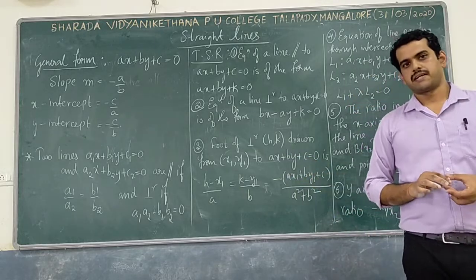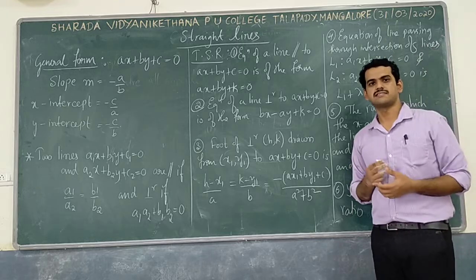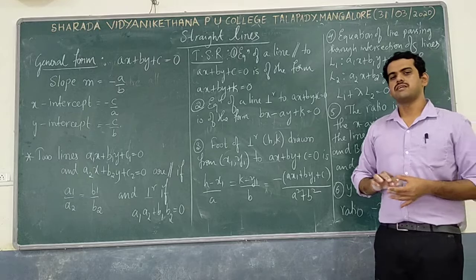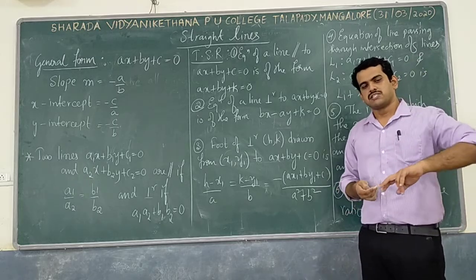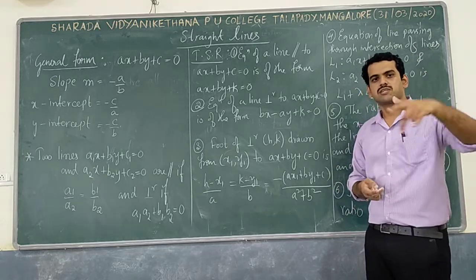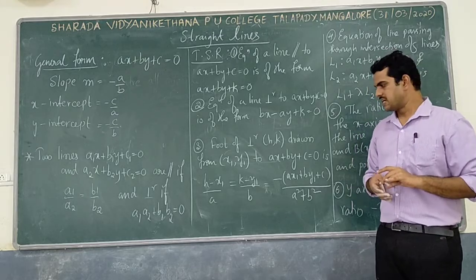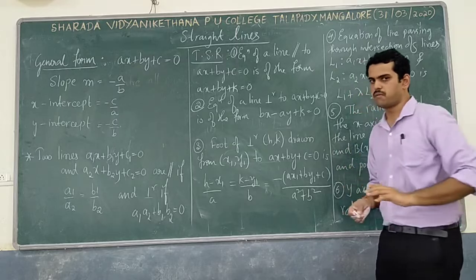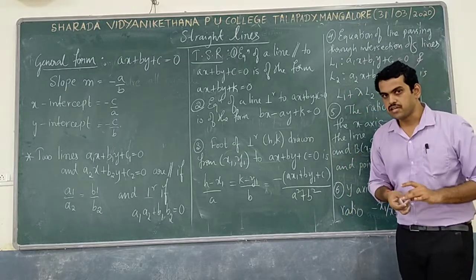Hence you get the h and k values, which give the foot of the perpendicular. Again, one more thing is the image of a point (x1, y1). The image is at a distance 2 times that of the foot. So quite easily it is also possible, with just a small modification in this formula you can get the image of a point.